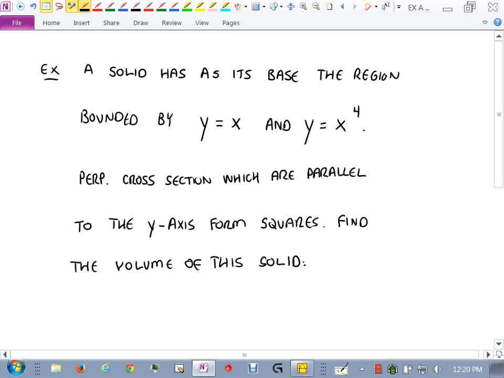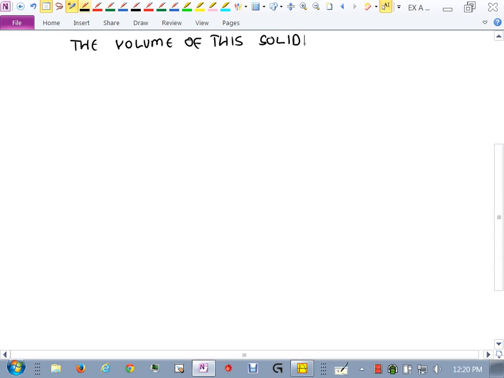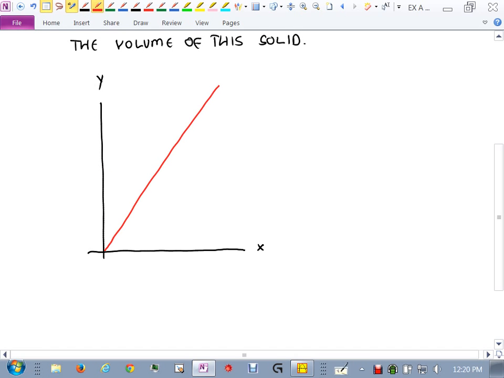You'll kind of see it a little bit. Now I'm going to try and draw it, because it's kind of tough to draw, but we'll do our best. Okay, first thing I'm going to do is draw the actual region in two-dimensional space. X, Y. I have a line. That's y equals x.